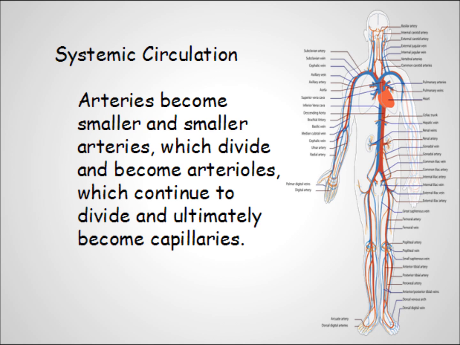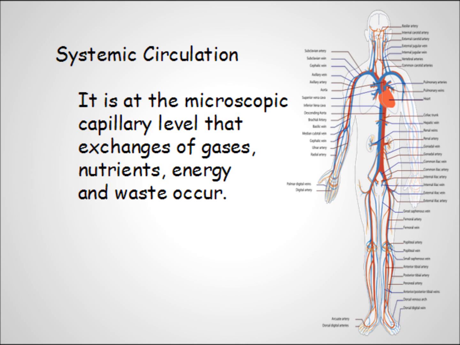All along this course, major arteries divide and become smaller arteries, which divide and become arterioles, which continue to divide and ultimately become capillaries. Again, it is at this microscopic level that exchanges are able to occur between the blood and the interstitial fluids between the cells of our bodies.